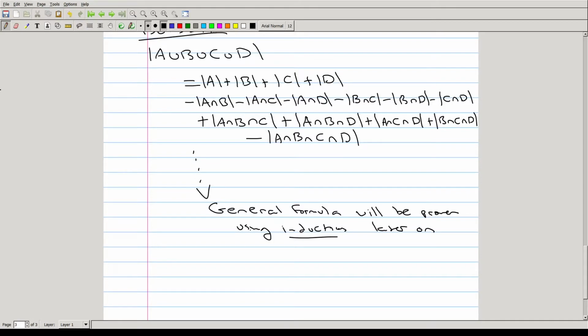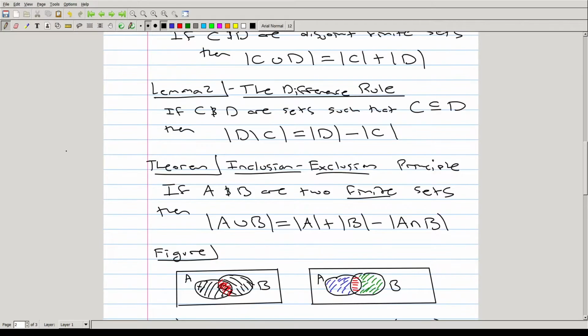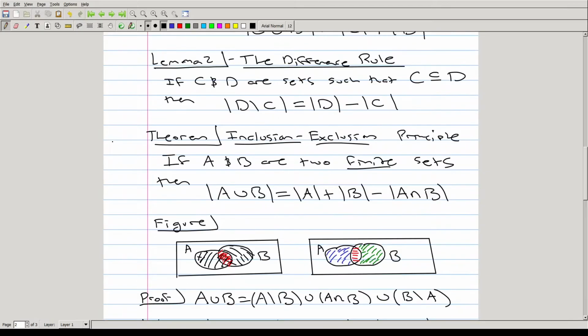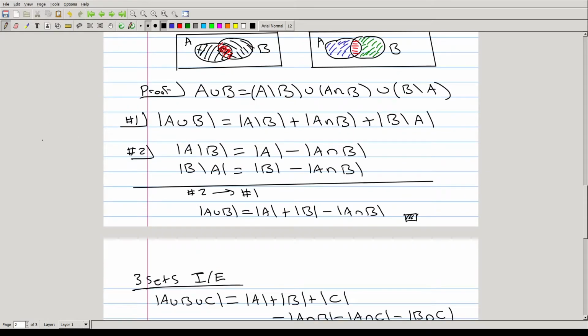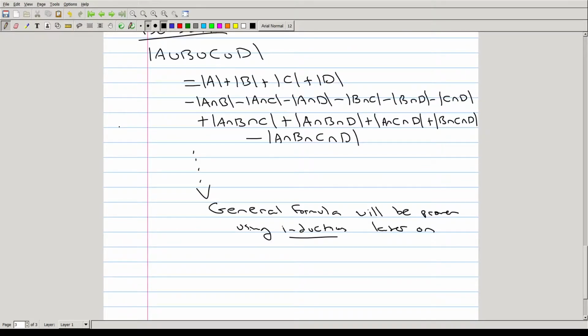But this inclusion-exclusion principle, along with the difference rule and the sum rule, are the basic methods that we have for counting finite sets that are very, very useful, specifically in probability theory. We will get into using these in various different examples a little bit later on.